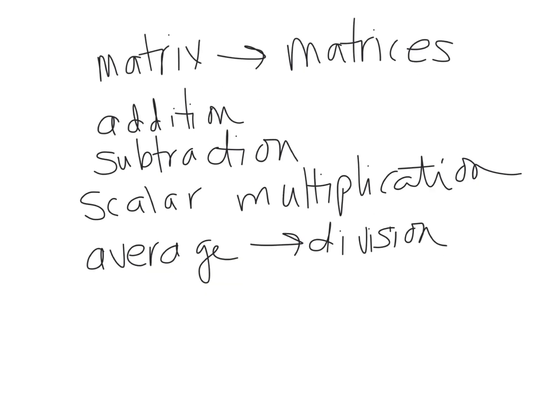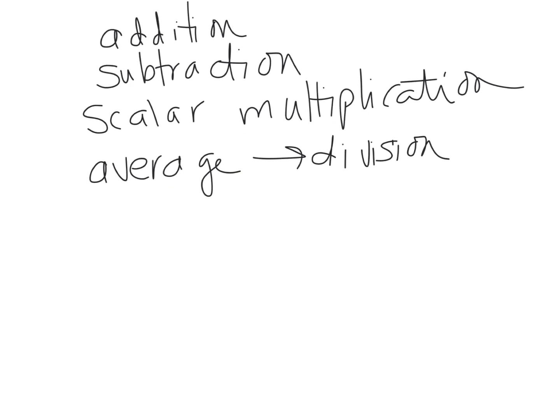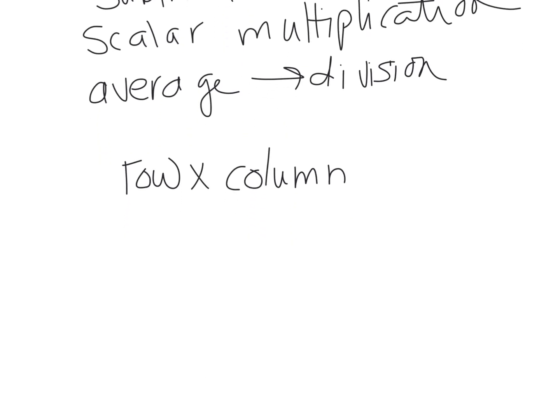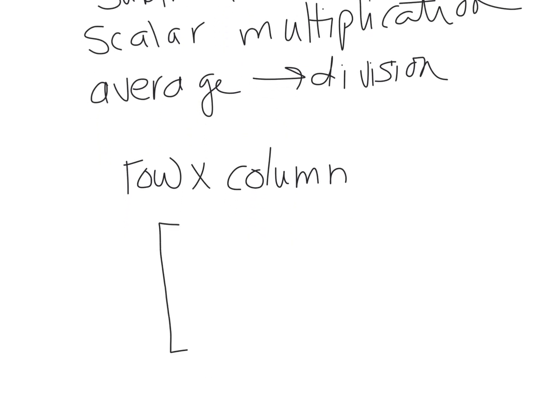So if we look at a matrix, matrices can be defined by how many rows and how many columns they have, kind of like an Excel spreadsheet, really, when I think about it. And you can call a matrix by a row by the column. So say we have a matrix like this, 3, 2, 5.